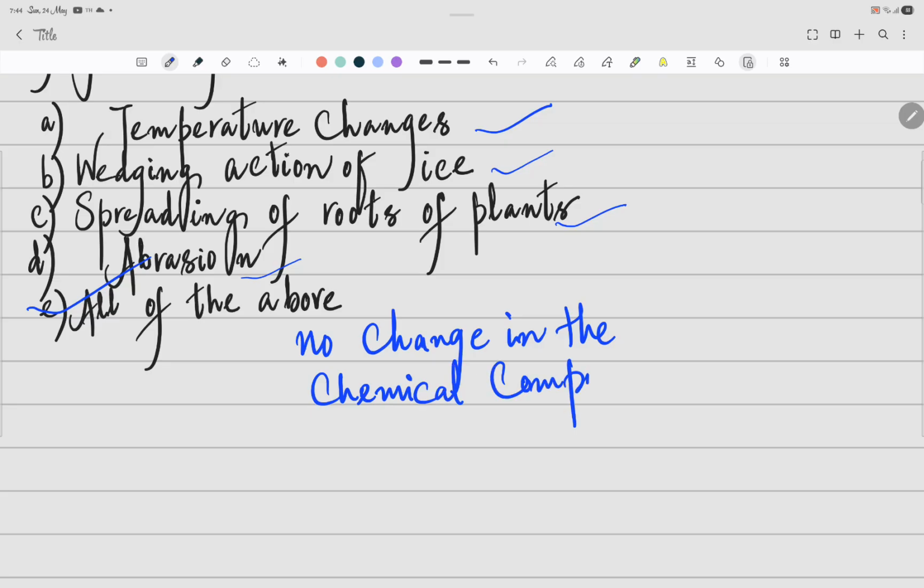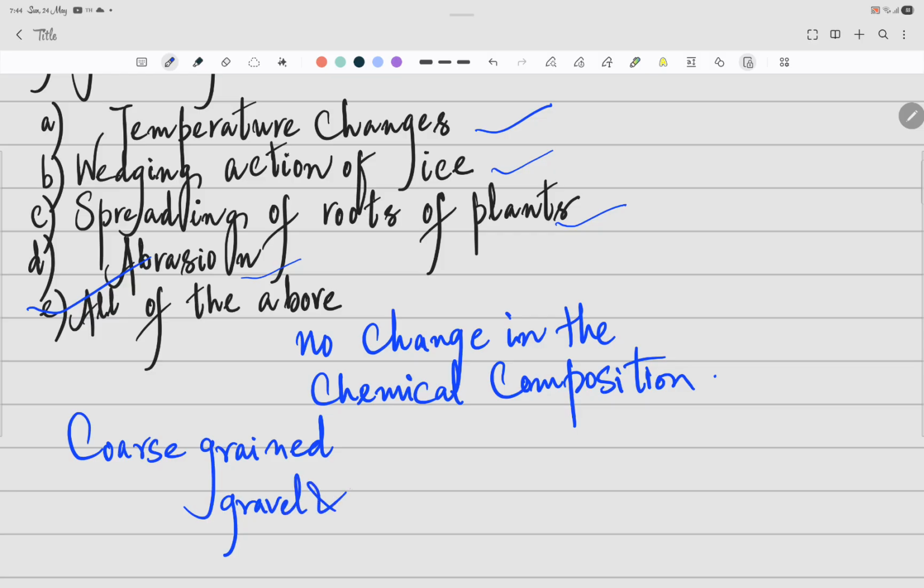And the soils formed by physical disintegration or mechanical weathering of rocks have the properties of the parent rock, and coarse grained soils such as gravel and sand are formed by physical disintegration.